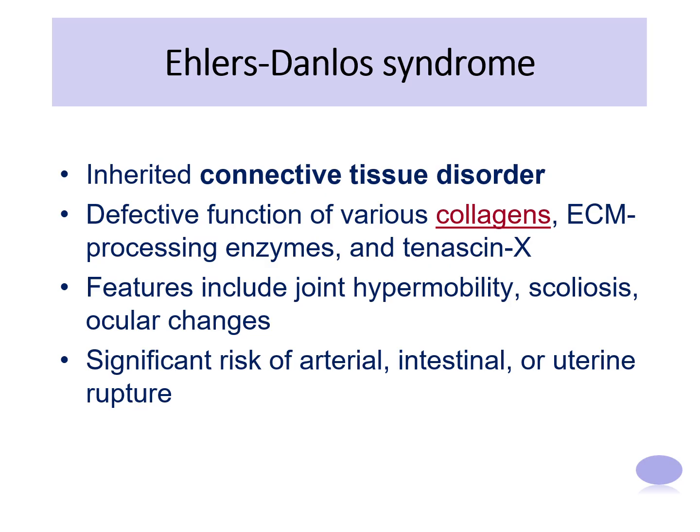They can also have a defect in the extracellular matrix, processing enzymes, and tenascin X. Now, features include some joint hypermobility, scoliosis, ocular changes, and they also have significant risk of ruptures of organs because the collagen is defective, so arterial, intestinal, or uterine rupture.